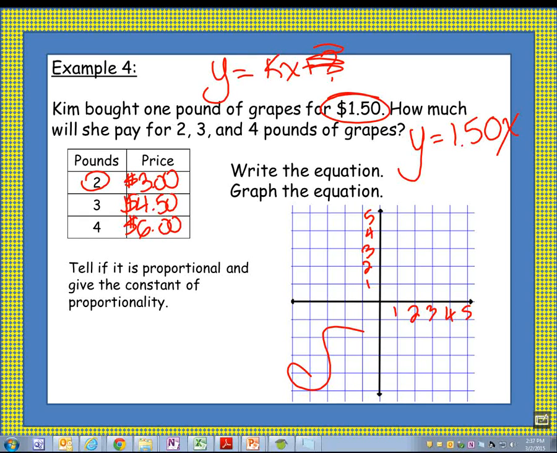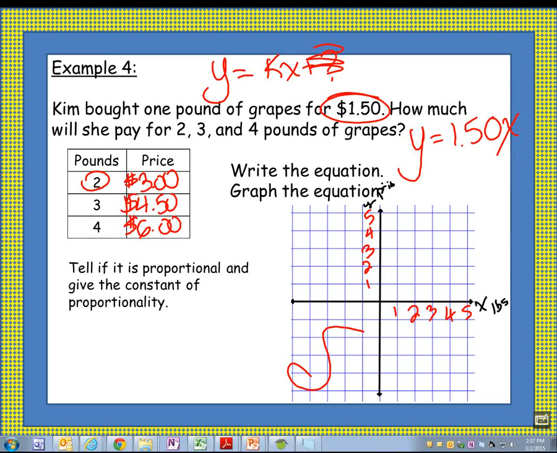So let's graph this. Now there are two different ways. Remember the tables that we did on Tuesday when we were graphing from tables? This one is going to be my x value, which is going to be pounds. This is going to be the y value, which is going to be price.